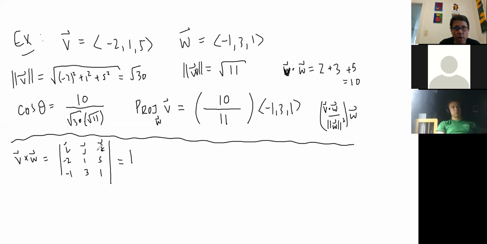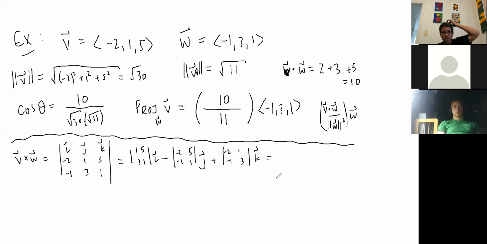So I part will be 1, 5, 3, 1 in the I direction. Minus, has a built-in minus here for J. So minus 2, minus 1, 5, 1. And then for K, it's this little one down here, minus 2, 1, minus 1, 3.